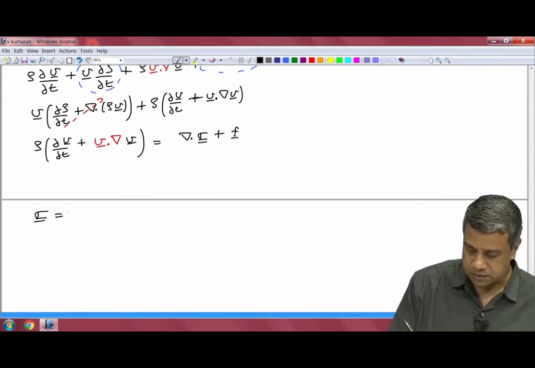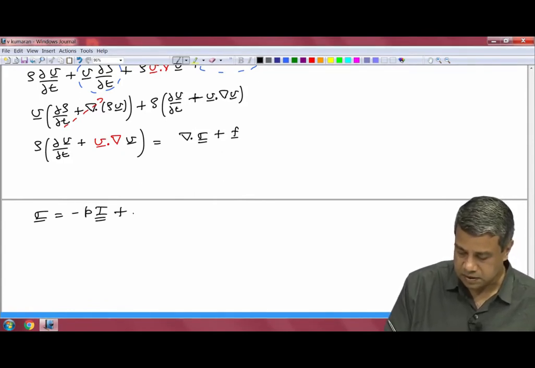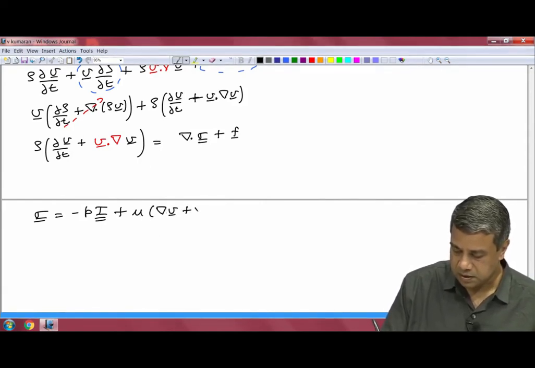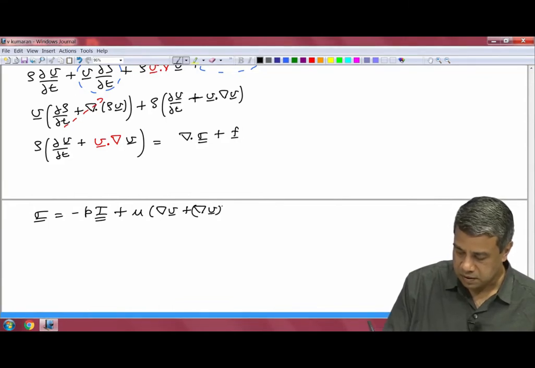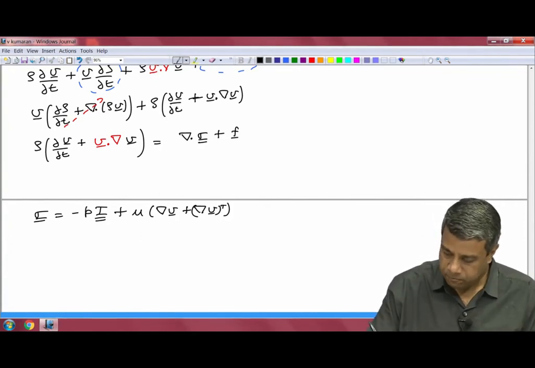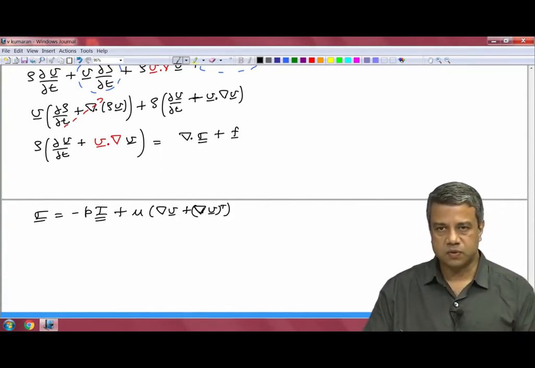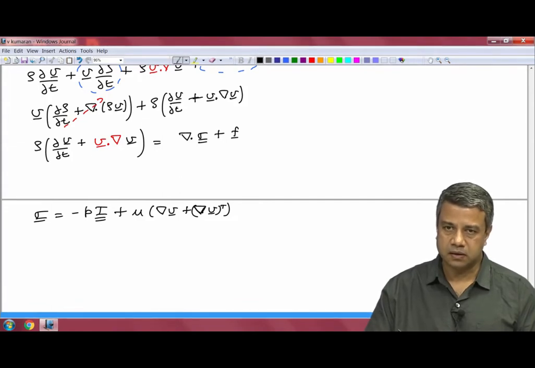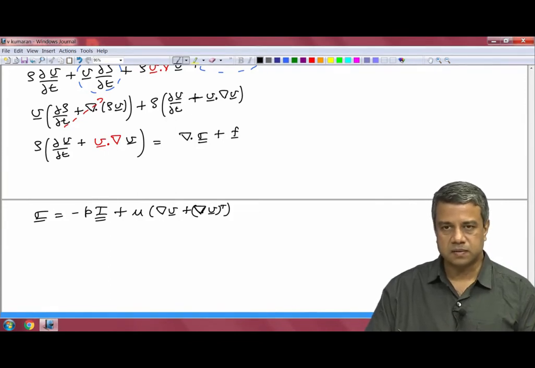So, sigma is equal to minus p times the identity tensor plus mu into grad v plus grad v transpose. Grad v transpose is with the rows and columns interchanged. So, for grad v, I told you that the first index is due to the direction of variation.